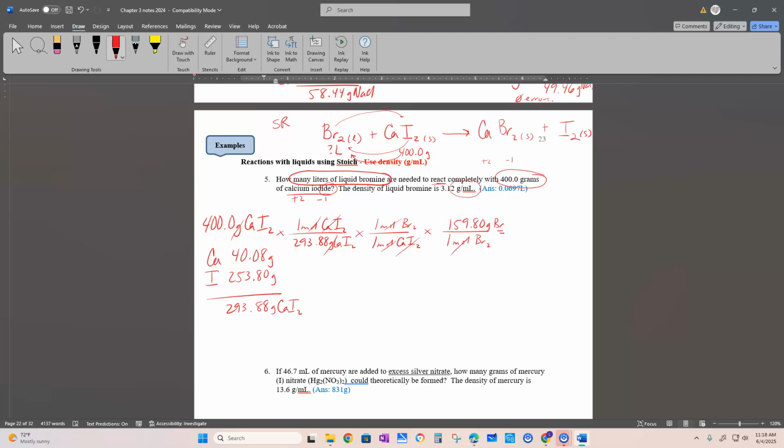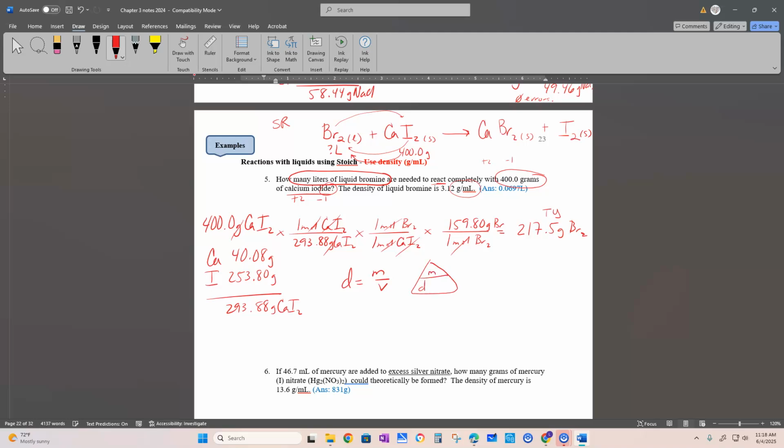And when we plug this in, 40.0 times 159 divided by 293, I'm going to get 217.5 grams. So if life was perfect and I started with 40 grams, this is what we like to call, theoretically, all I can produce. Now, let's remember density. Density is mass over volume. Remember our cool triangle?